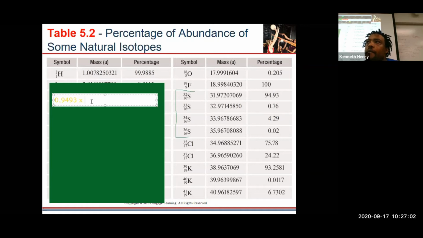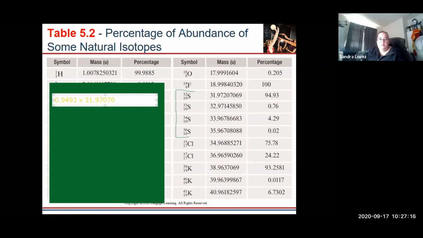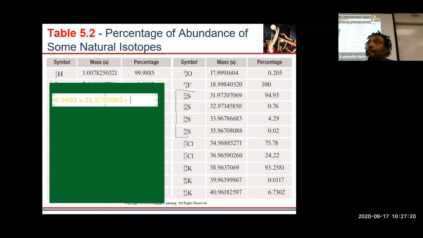So 9493 times 3197. Is that right? No, I think... Did I invert some numbers? It's 9720. Two. You just forgot the 2. Okay.